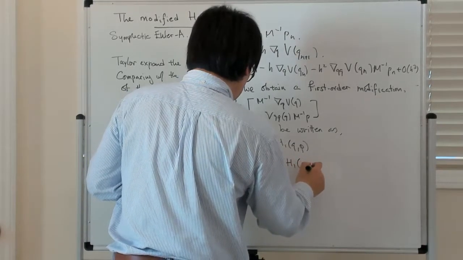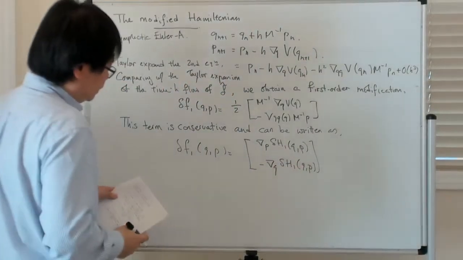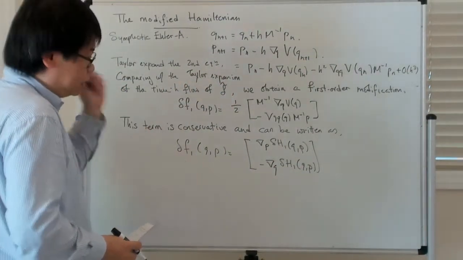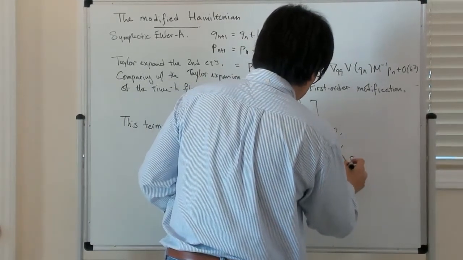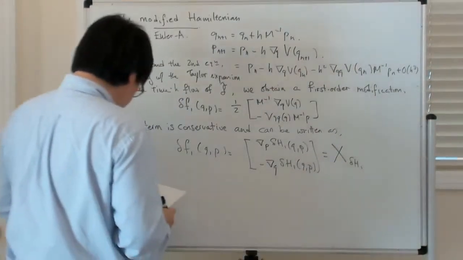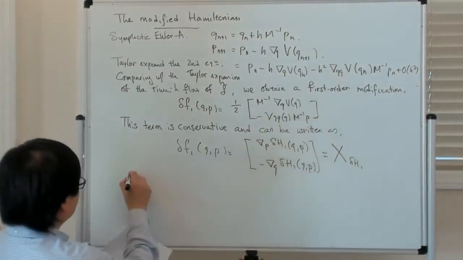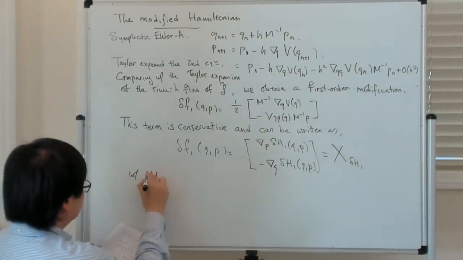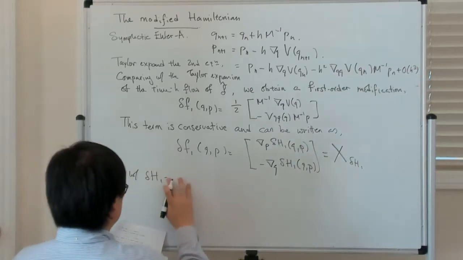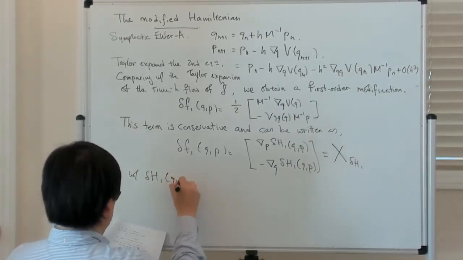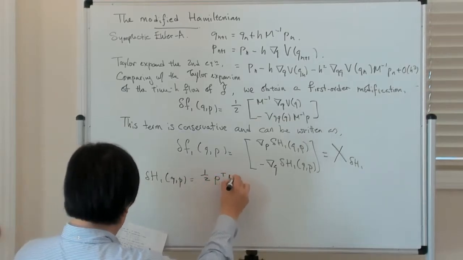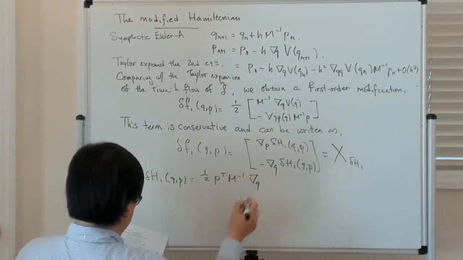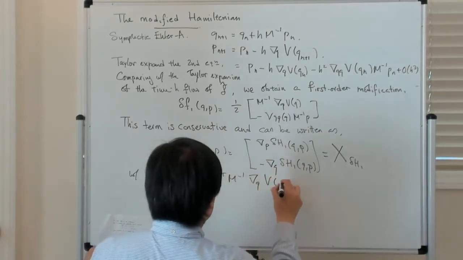So this is the Hamiltonian vector field associated with delta H1, where delta H1, which is a function of q and p, is equal to 1/2 p transpose M inverse gradient of the potential.